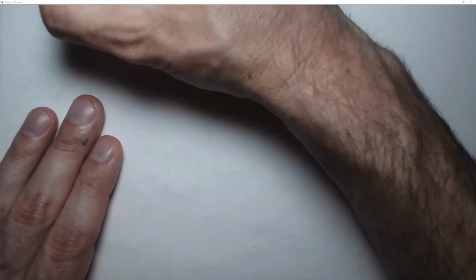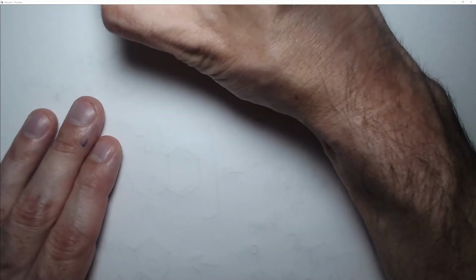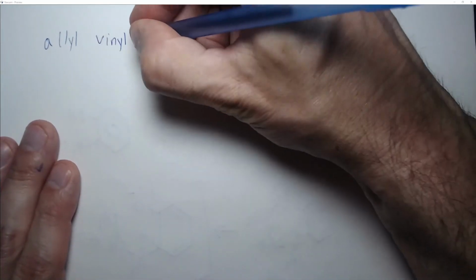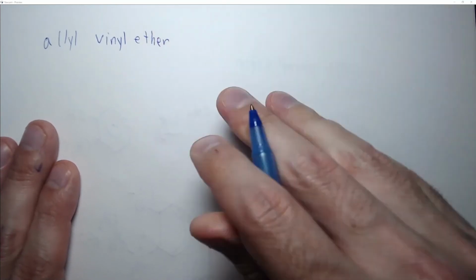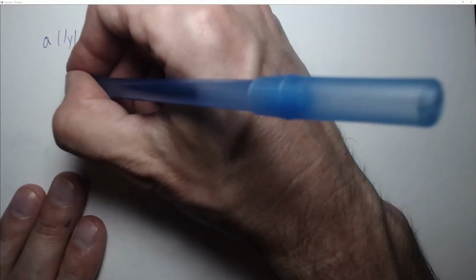Now, if we have an allyl vinyl ether, instead of a phenyl ether, it's going to be a little bit different. In this case, let's take this example.